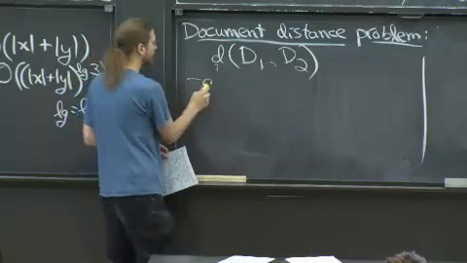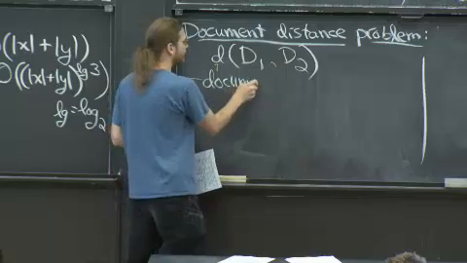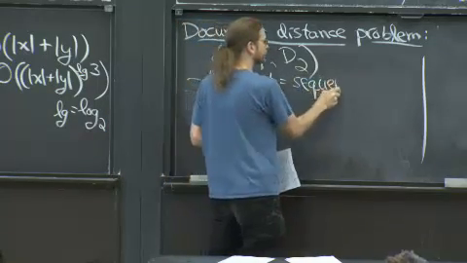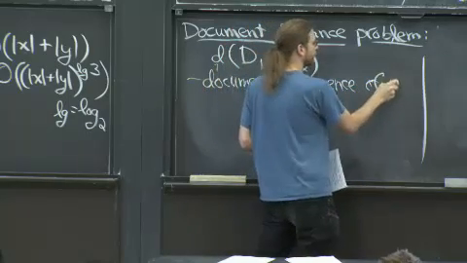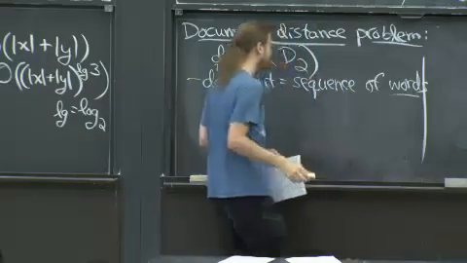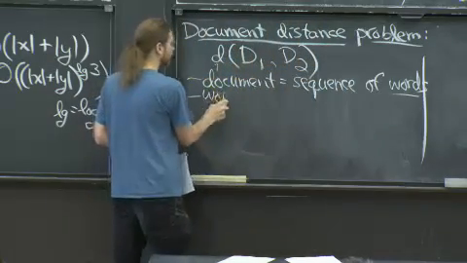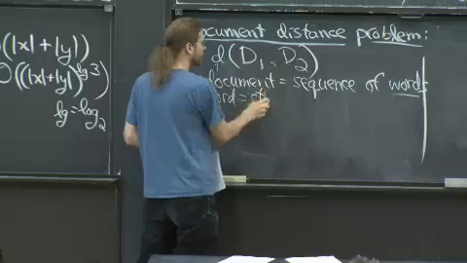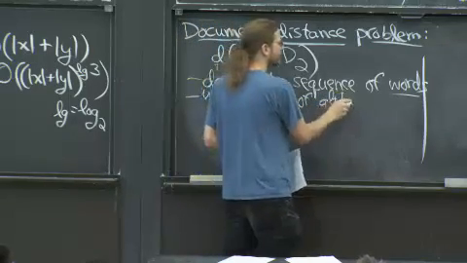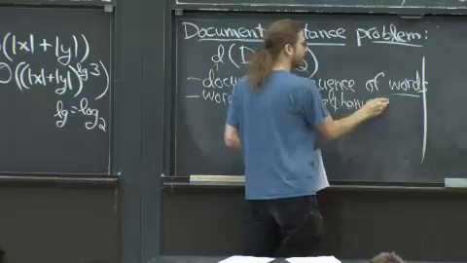All right. I'm going to think of a document as a sequence of words. To be a little more formal, a word is just a string of alphanumeric characters, A through Z and 0 through 9.